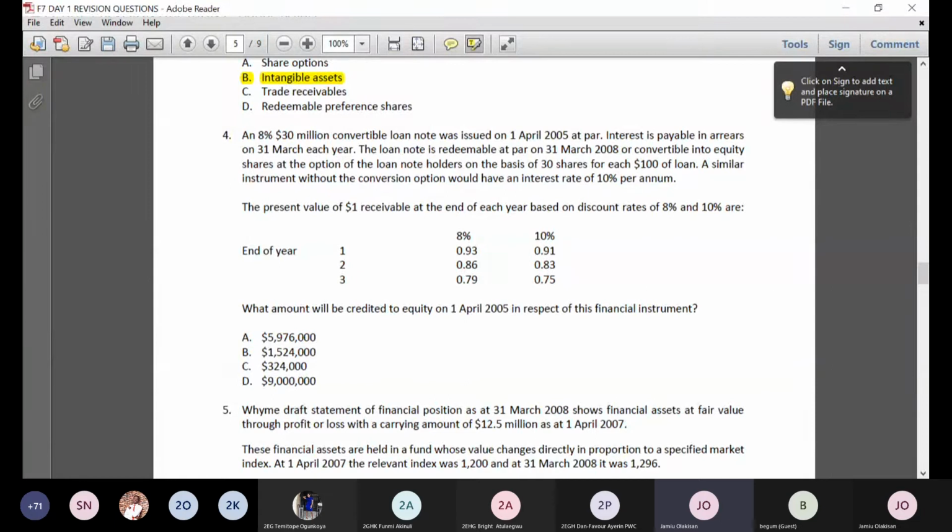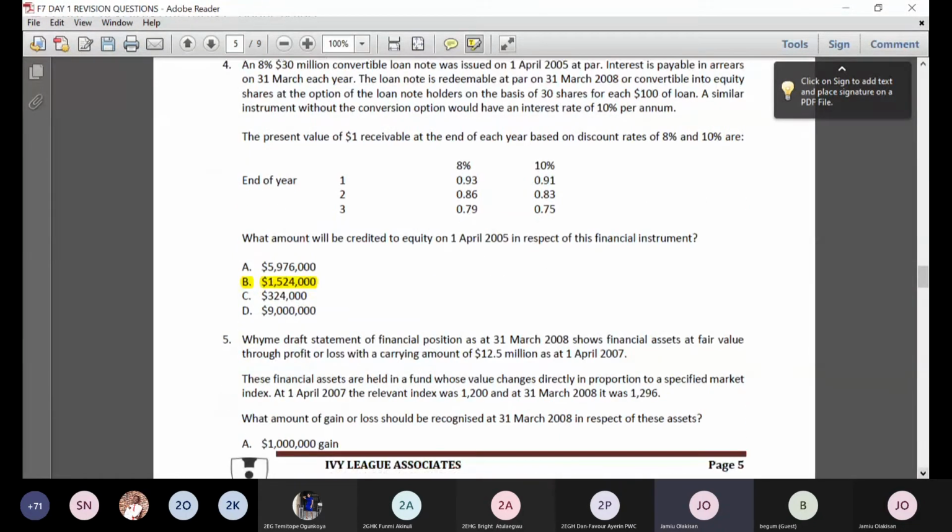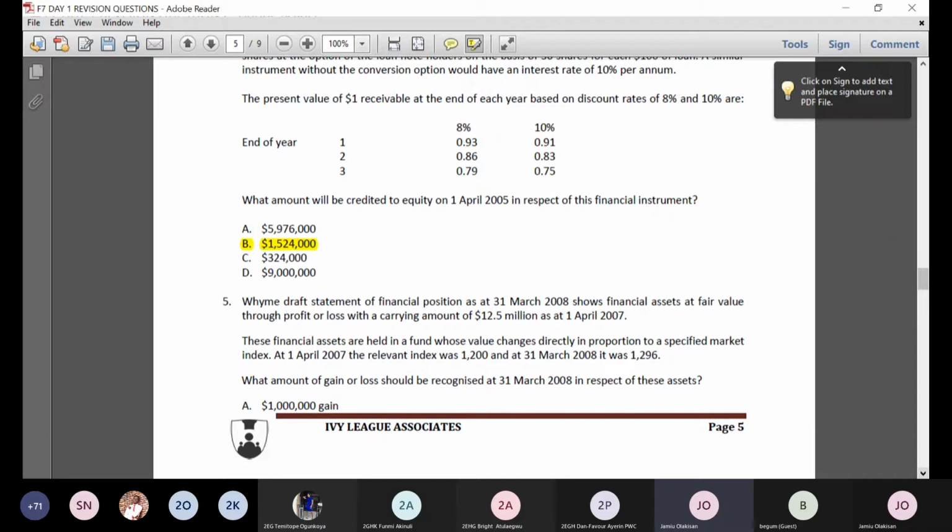So I will give you the solution here, but you must go and figure out the correct solution. What they're asking is what amount will be credited to equity on 1st April 2005 in respect of this financial instrument. You do split accounting, similar to what we did in question 1A today, and you must arrive at this figure if you follow the same process. Please do it at your leisure time.